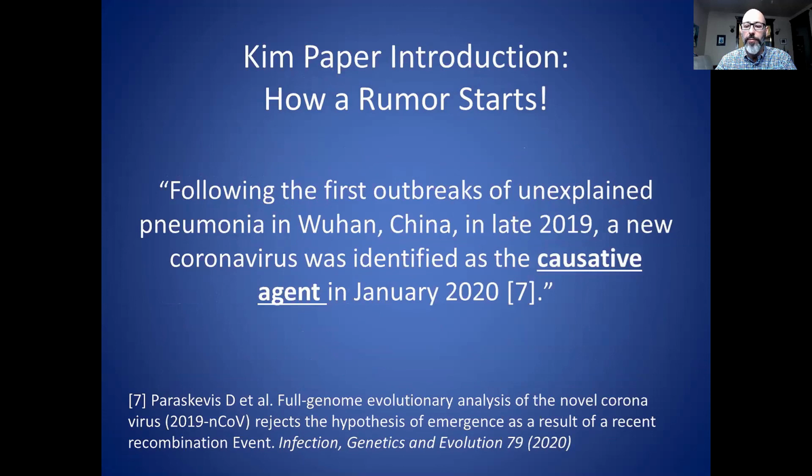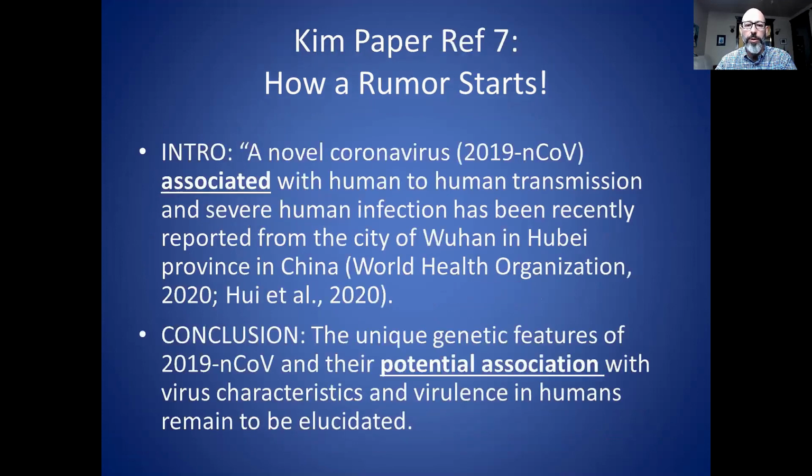They said it's a causative agent. They gave a reference, and it's not in the reference. And in my opinion, this should be censured. I mean, this is a serious ethical violation here to make such an important claim. All of the world policies are based upon this claim that it is a causative agent, and they cannot reference any science to back that up whatsoever.